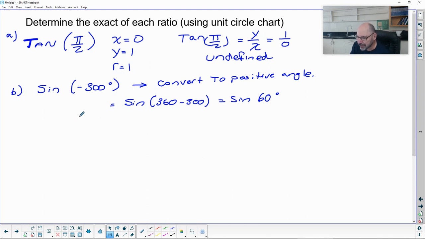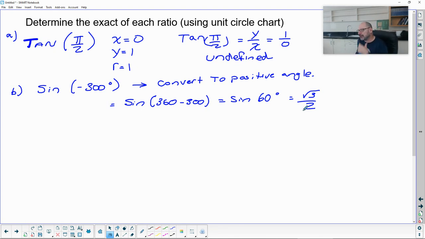Now we can just look up sine 60. Sine 60 is the second point on the unit circle, so it's root 3 over 2. Pretty easy to look that one up. It's right on there. You see, it says cosine and sine, or x and y. They both mean the same thing because it's a unit circle.